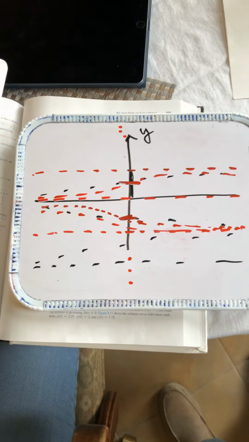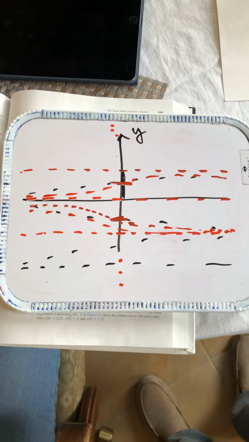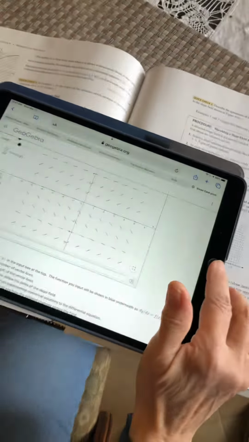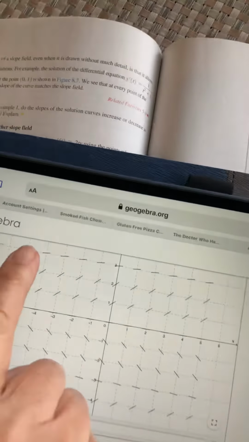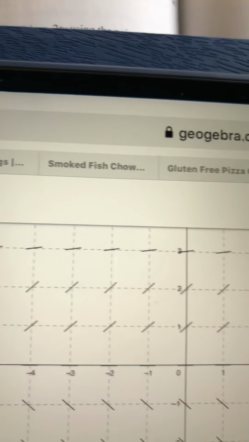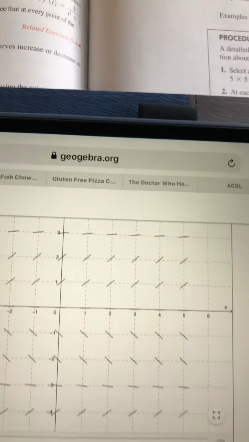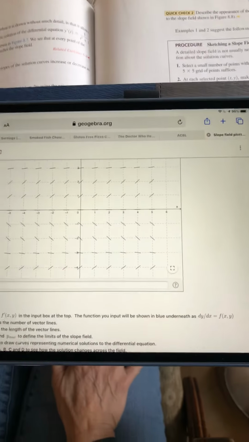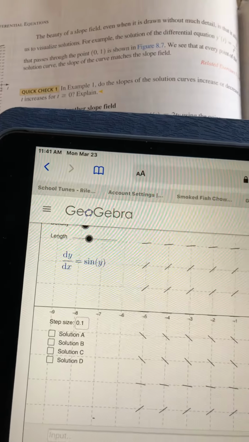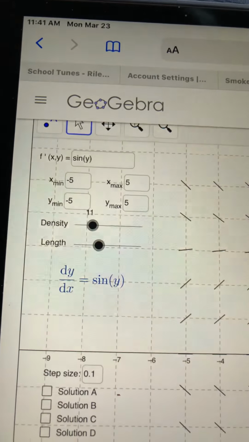Now, what does the slope field look like? I went to a website called GeoGebra.com. I asked them for their slope field part, and I put in dy dx as the sine of y, and asked them to graph it for me, and that's what they did.